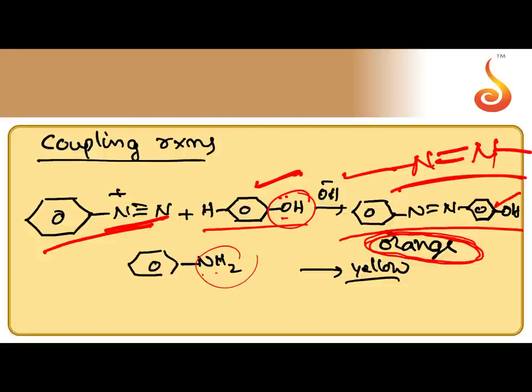Instead of phenol, if aniline is used under mild acidic conditions, we can get para-aminoazobenzene. Its color is yellow. So different colored organic dyes we can obtain from benzene diazonium salt. So benzene diazonium salts are very, very important commercially.